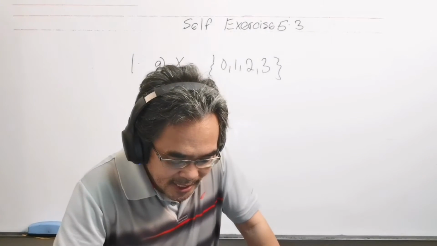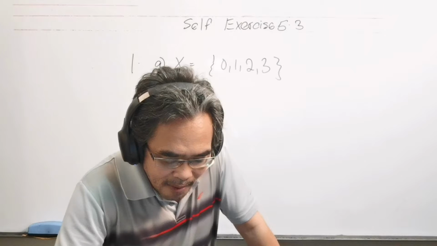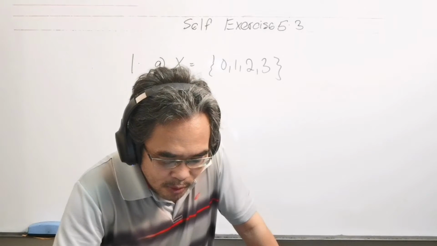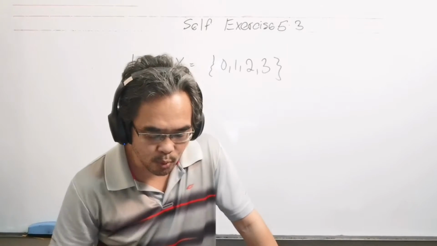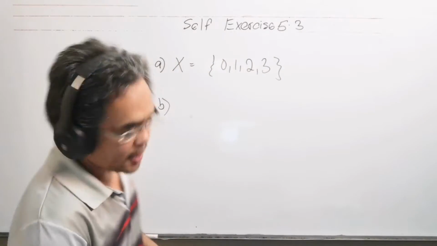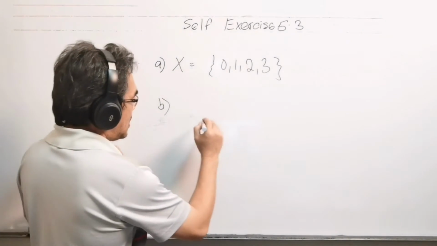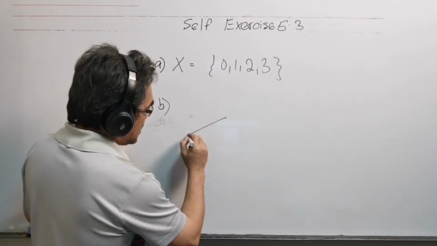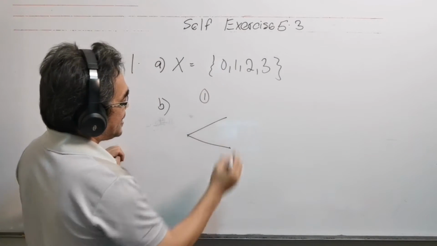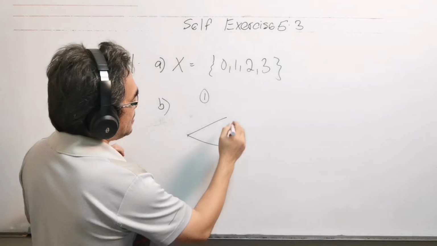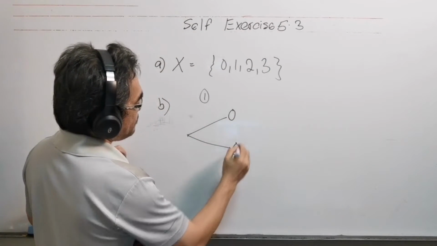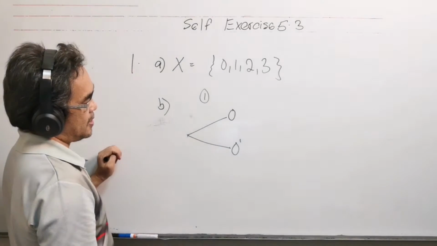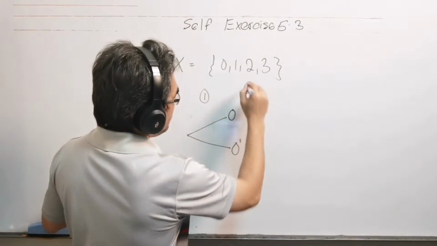It says here, draw a tree diagram to show all the possible outcomes and find the probability for each of them. Okay, tree diagram. So switch 1. Is it on? On, off. Okay. Switch 2.